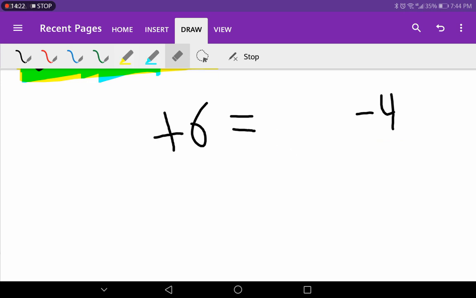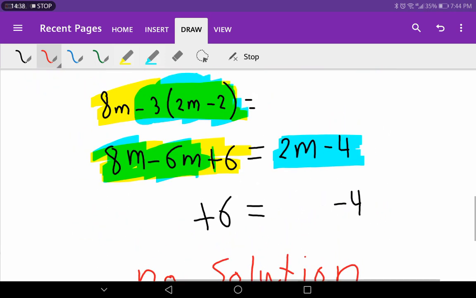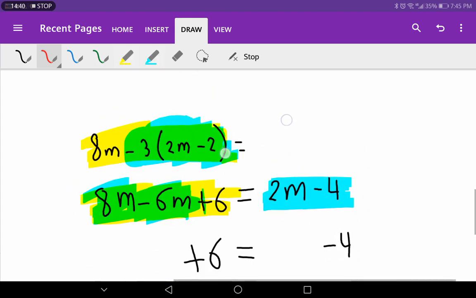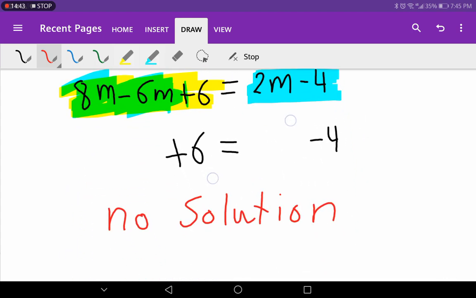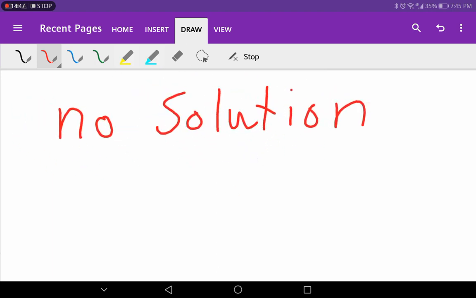You got positive 6 on the left and negative 4 on the right, and this means there is no solution for this equation. And the meaning of no solution is that you cannot find any value of m that makes the equation true. Okay, my dear student?